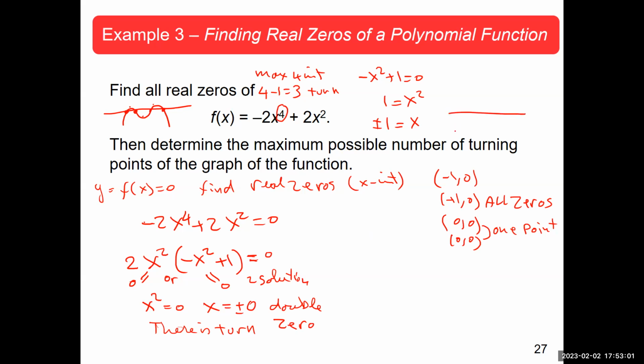It should look like this. If this is the x-axis, we have 1 point, 1 point, and this is the tangent to the x-axis. This is the 0, 0. And this is negative 1, and this is positive 1.